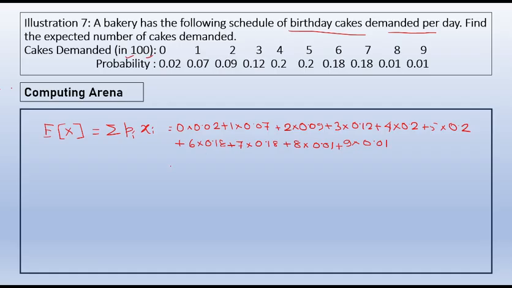So you just multiply them and add them up, and ultimately this comes out to be 4.92.